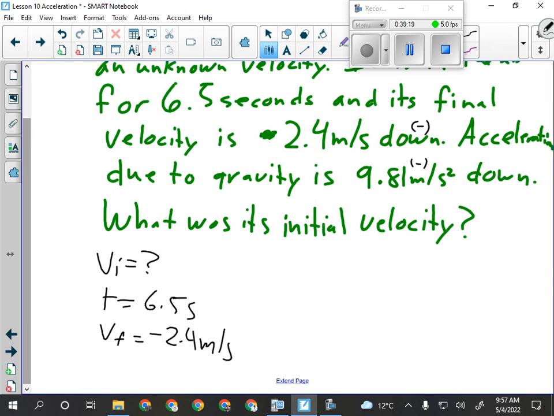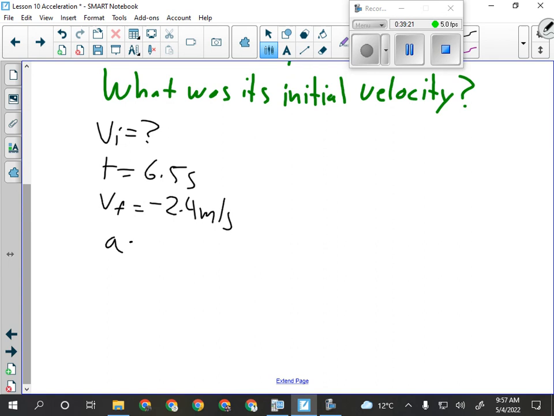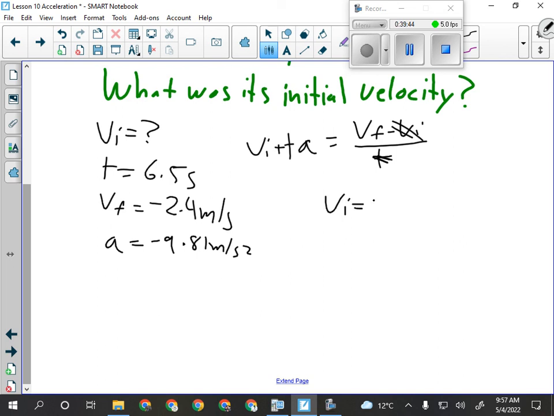Acceleration due to gravity is negative 9.81 meters per second squared. Those are all the things we have. We're looking for VI. So A equals VF minus VI over T. Multiply both sides by T, add VI to both sides, then subtract T times A. So VI will equal VF minus T times A.